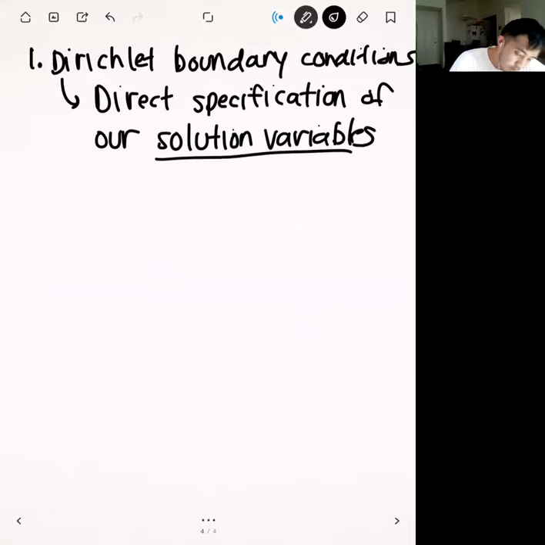Okay. And so by solution variables, what I mean is the types of quantities that are in our solution vector. And so if you remember the general form for our global system, it looks something like this. Okay. And so remember this big K right here, this is our global stiffness matrix.